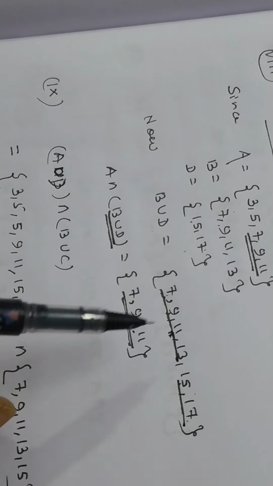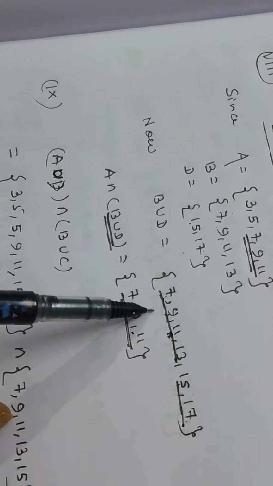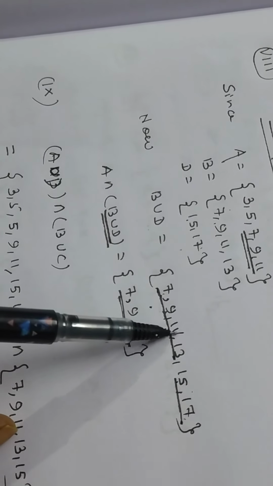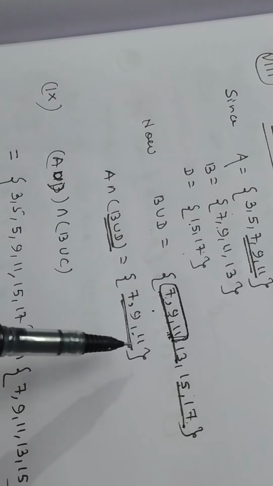Now we take the common elements between A and B union D. 7, 9, 11 is common, so this will be the intersection. So in this way, my dear student, we will solve this problem.